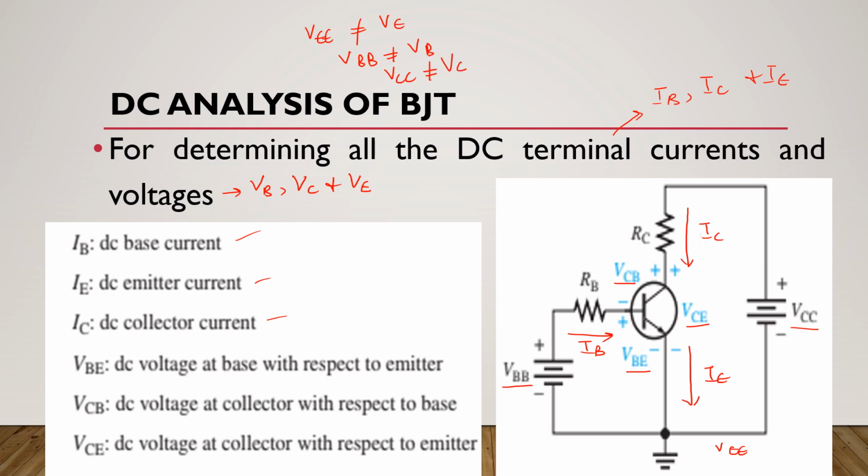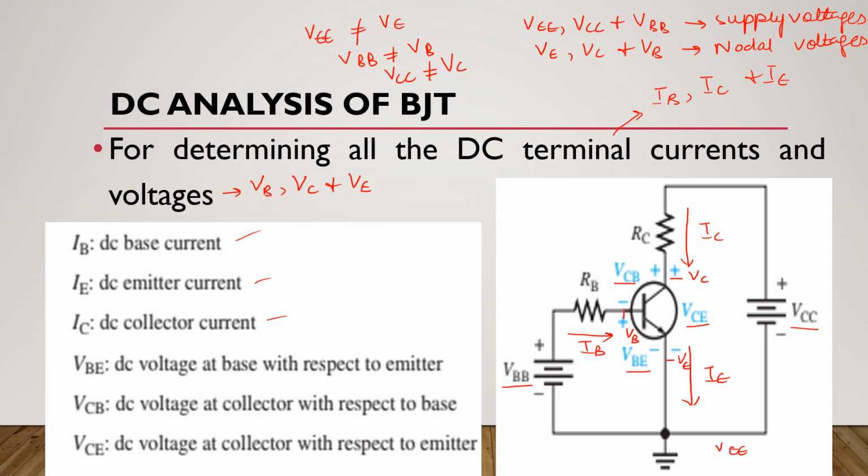Because this VEE, VCC and VBB are supply voltages, whereas VE, VC and VB are nodal voltages. Okay, this VC is here, VE is here and VB is here. Okay, these are nodal voltages.